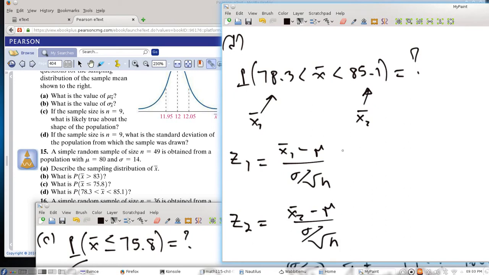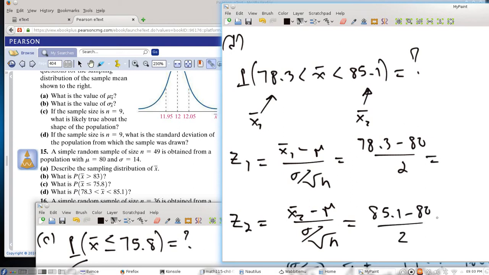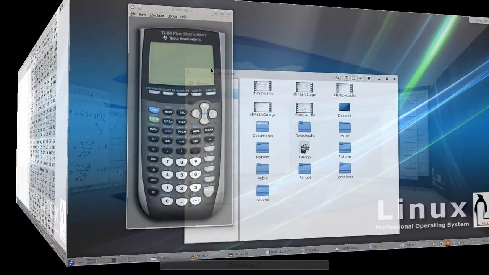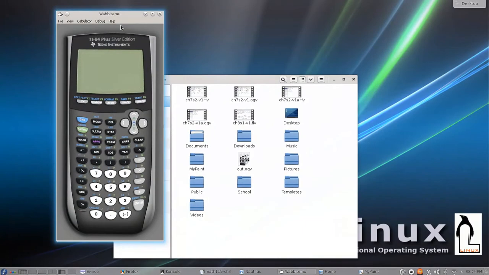Okay, so here you put in the value, you have 78.3 minus 80 divided by 2, and here you have 85.1 minus 80 divided by 2. And if you compute this carefully, you will see that, well, you know what, let's do that together, because I'm working on this starting from scratch too.